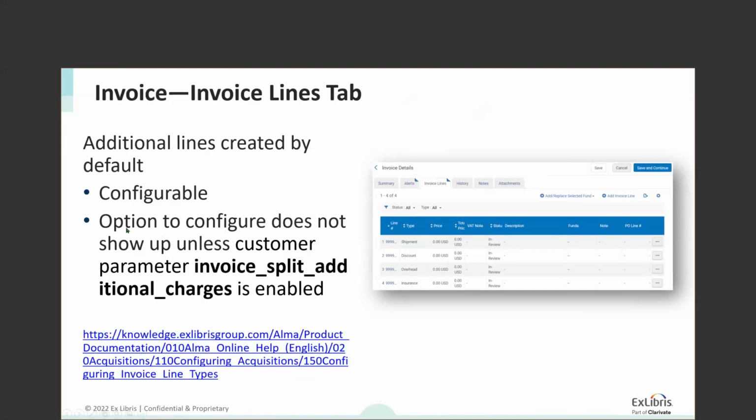The option to configure does not show up unless you change the customer parameter invoice_split_add_additional_charges to enabled. The link on how to do that is right here. This will take you to the documentation. And then once that is enabled, you have the ability to configure those lines.